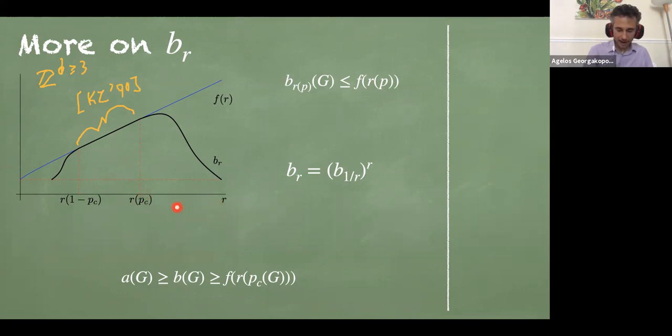The values of R here correspond to values of P, after I take my bijections from the previous slide, that are in the subcritical regime. So here I am subcritical. And I know that here I have no exponential decay, and therefore this inequality is strict. I'm strictly below F by the exponential decay theorem of Aizenman-Barsky and Menshikov.